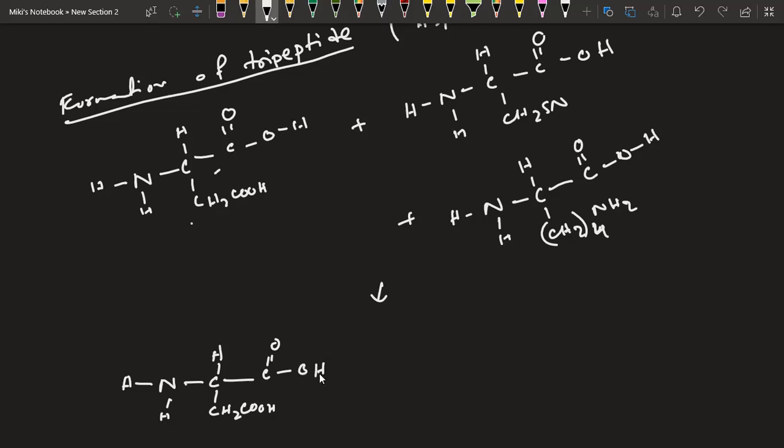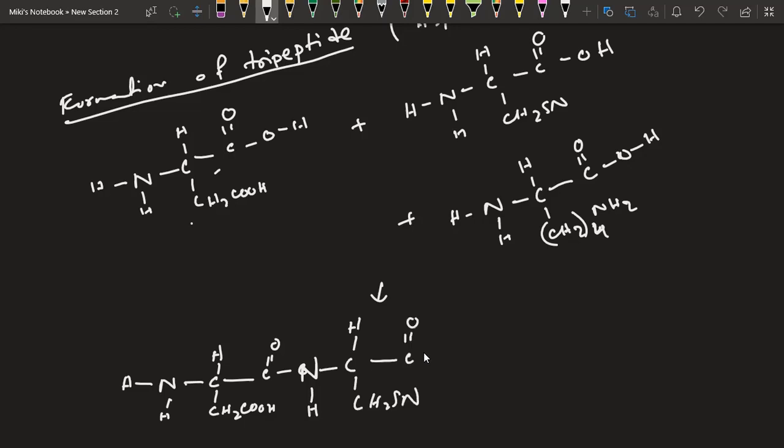Now, this is our carboxylic acid. This was our carboxylic acid, but it formed a bond with a nitrogen. So NH, and we have CH2SH.